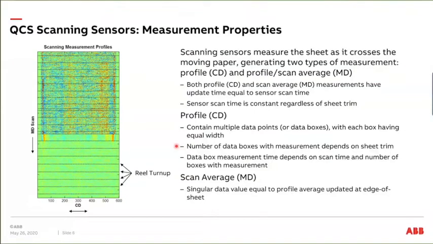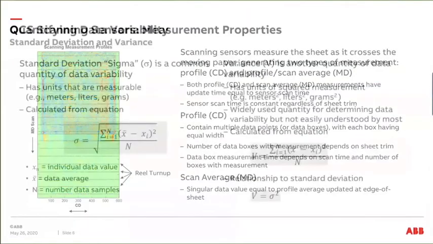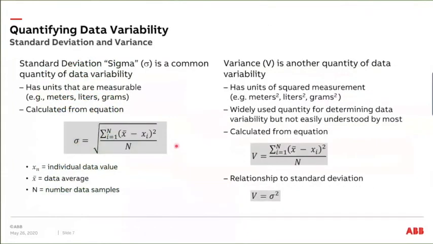Okay, so that's a little bit of the background of the QCS system in that regard, but let's take a step back and look at standard deviation, variance, and variability. Quantifying data variability: hopefully at some point in your schooling you were introduced to what's called standard deviation.